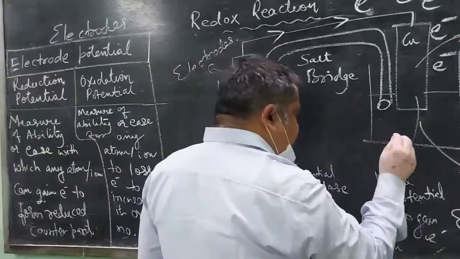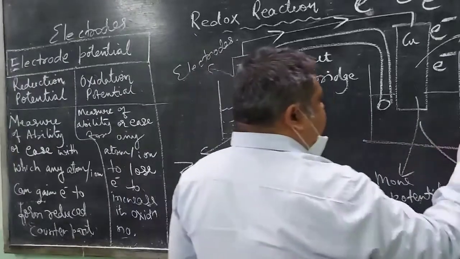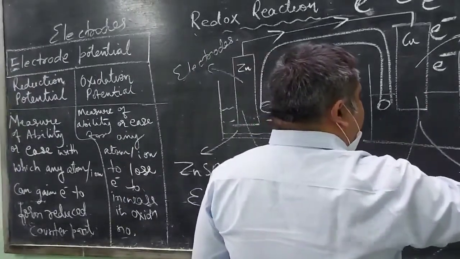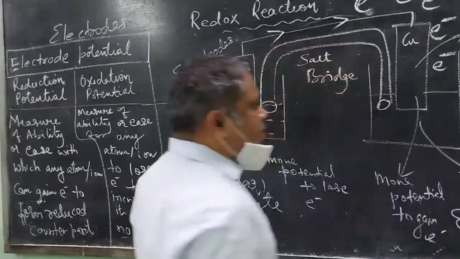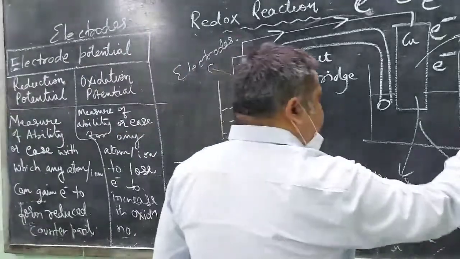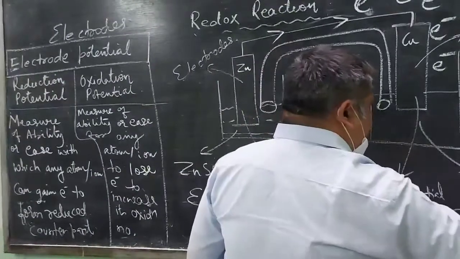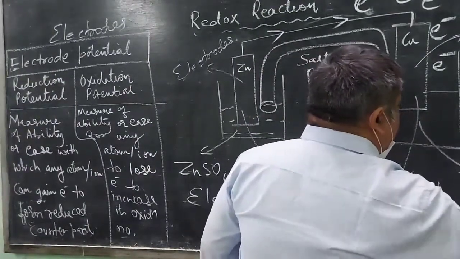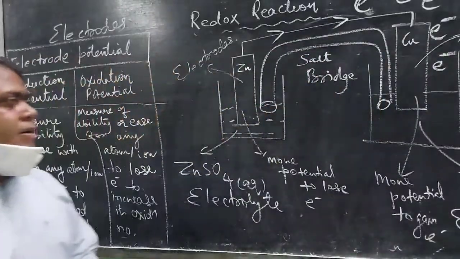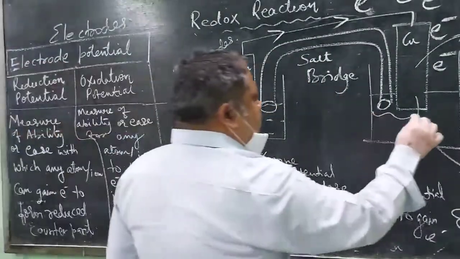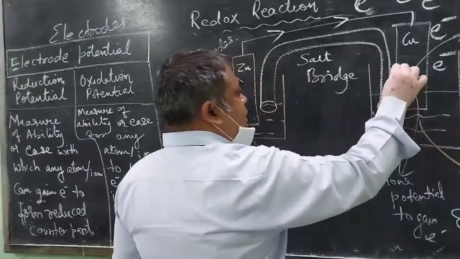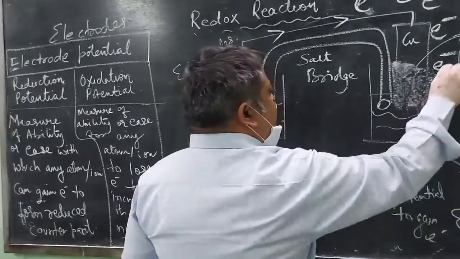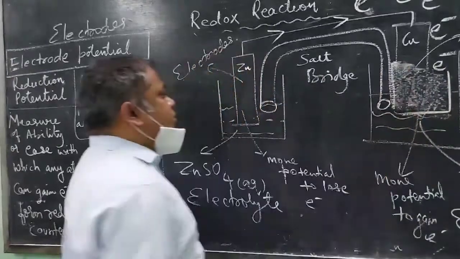And here at this electrode, Cu2+ ion will take 2 electrons and will form Cu0 metal. And since this solution is forming copper, slowly this will become thicker and thicker.